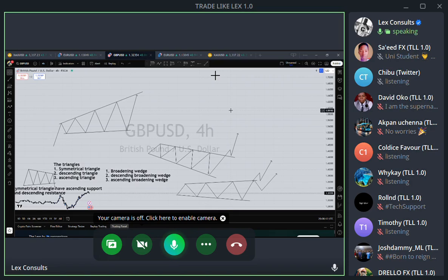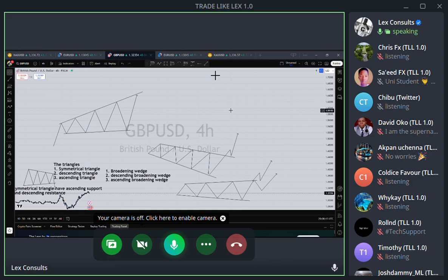For the video, just get the retest and look for candlestick pattern and tradability. Once it breaks, wait for retest and take your trade, whatever direction it faces, okay?